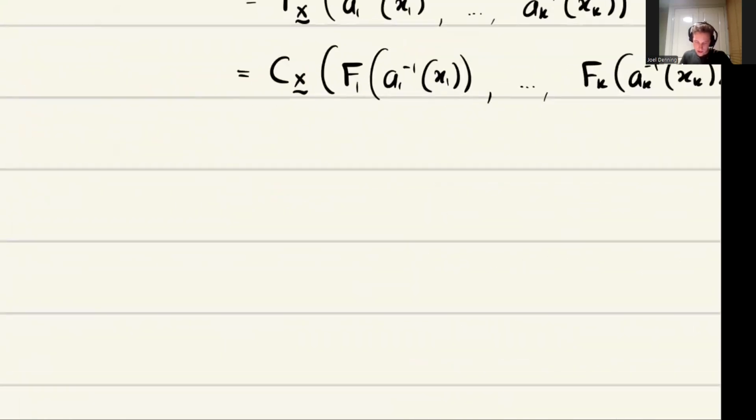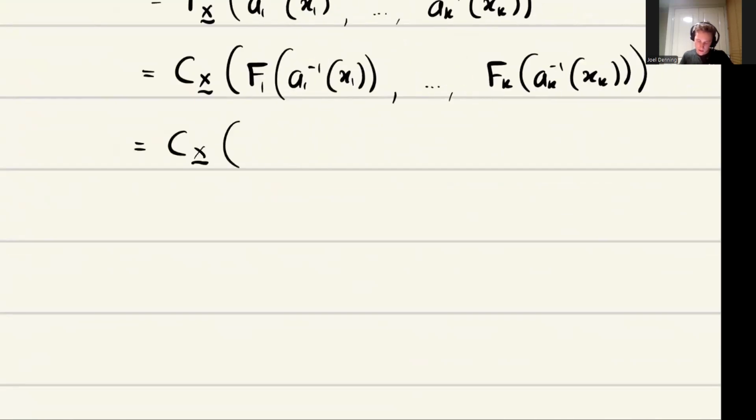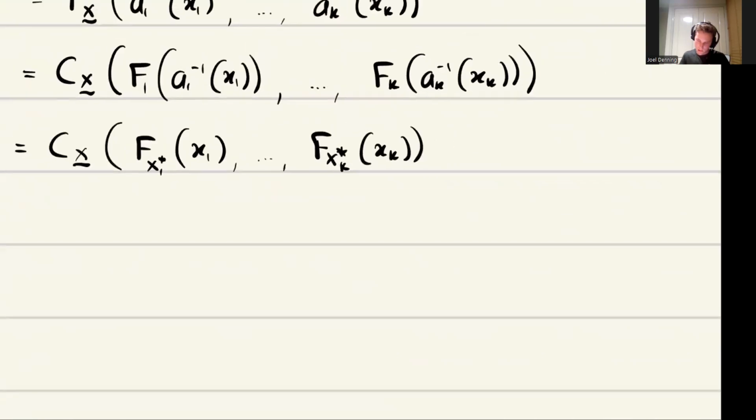So this is actually just equal to C of our transformed random variable x star at x1, all the way up to x star k of xk. Right, and I guess in that previous line, I should write x1 and xk.